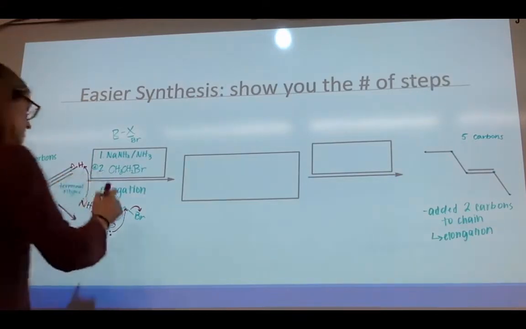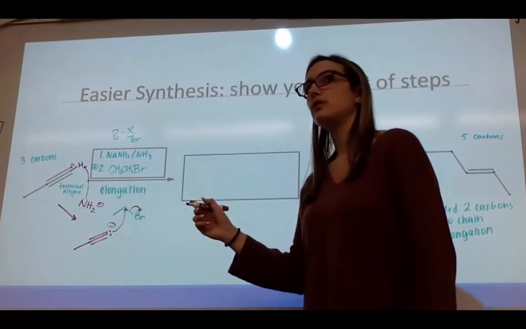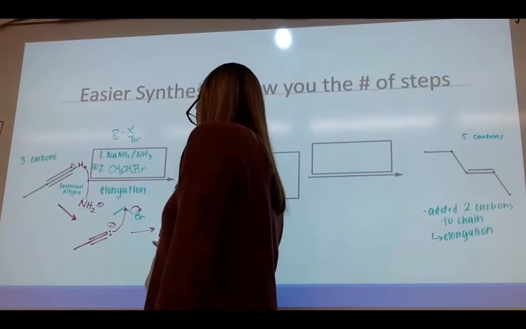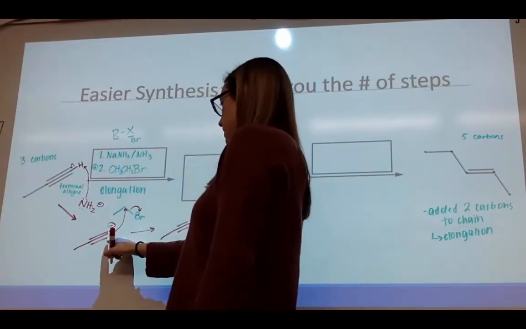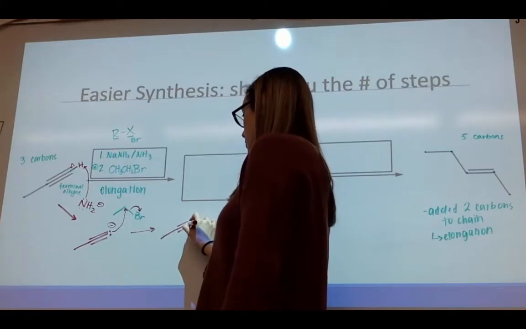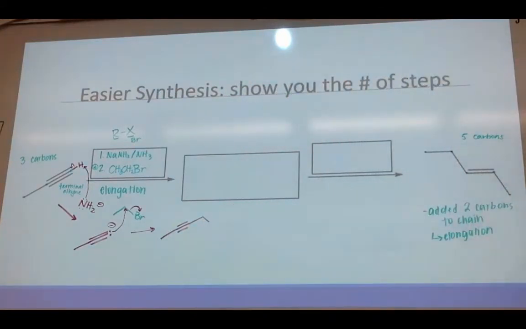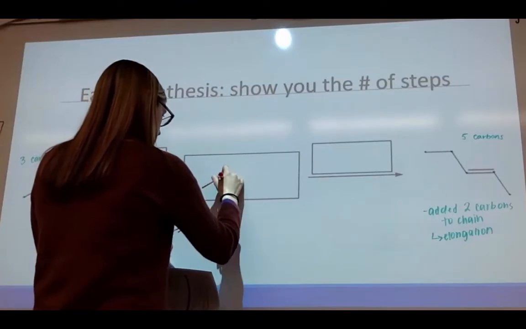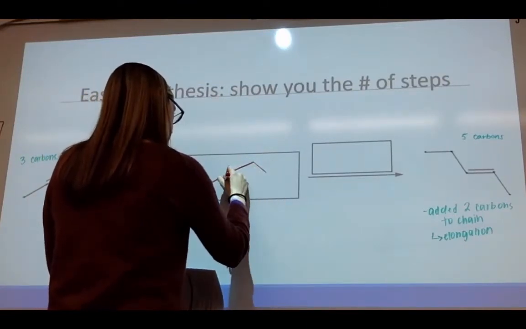And then what happens is now this carbon has bonded to this carbon, and we've added 2 carbons to this chain. So what this looks like, we have 1, 2, 3. Now this carbon is bonded to 2 more carbons. And so if we draw this, 1, 2, 3, 4, 5.